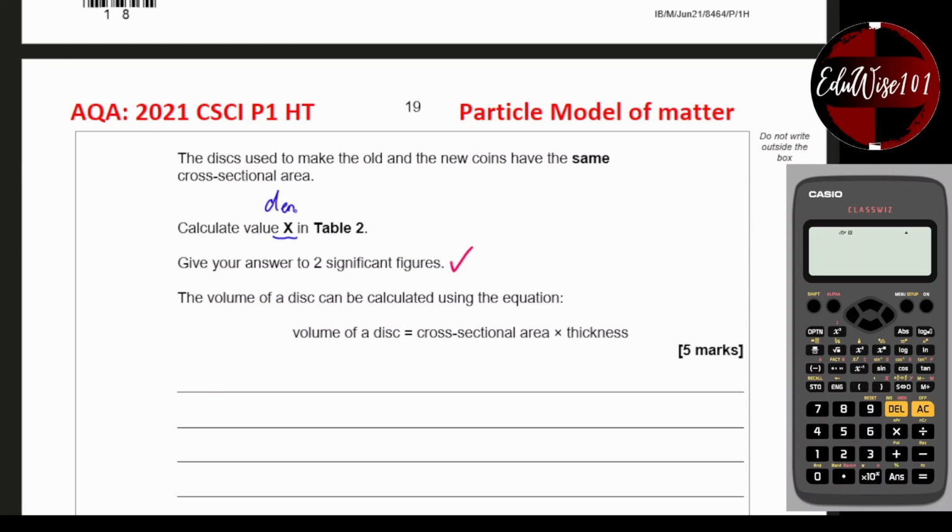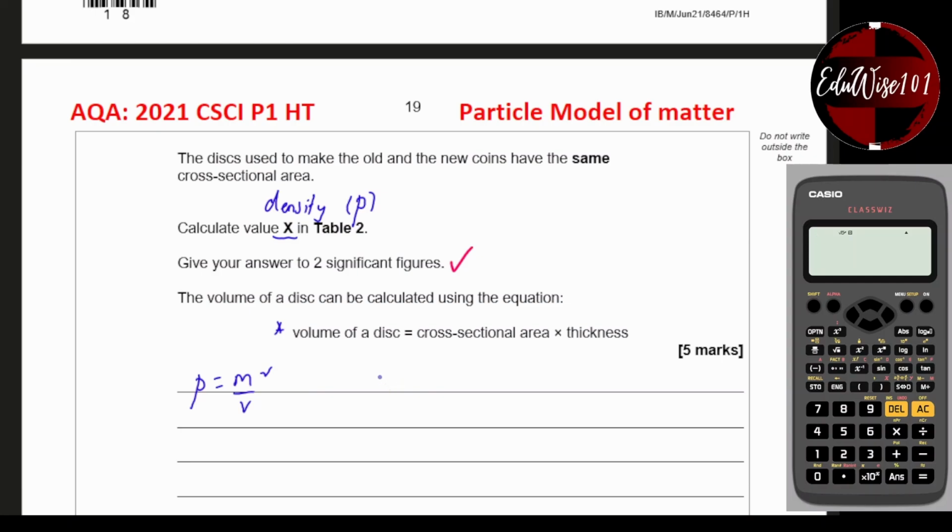Remember, the symbol for density is rho, which looks like a P. So density equals the mass divided by the volume. Now, in order to find the value of x, you need the mass, which is given in the table. The volume needs to be determined. Now, to find the volume of the new coin, you need to use this equation.